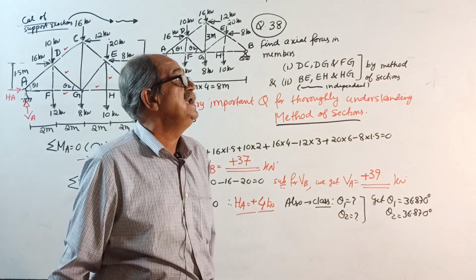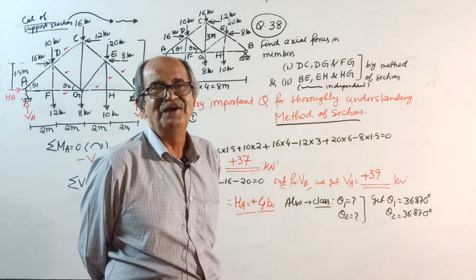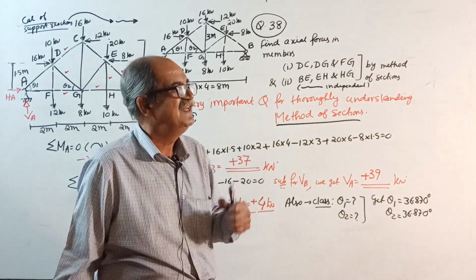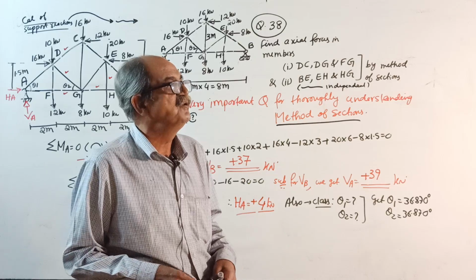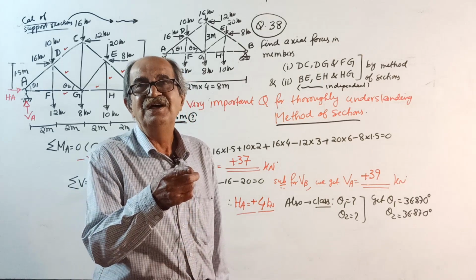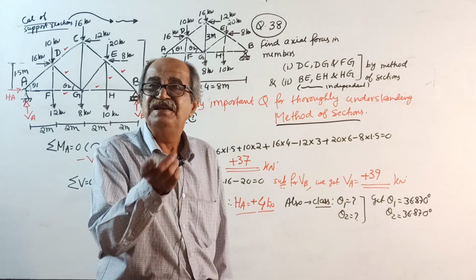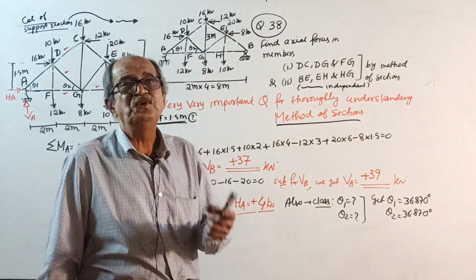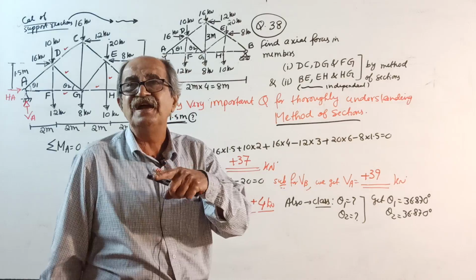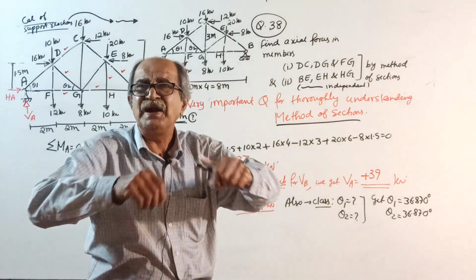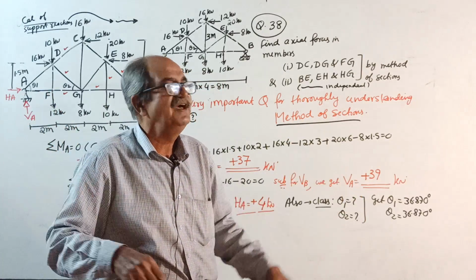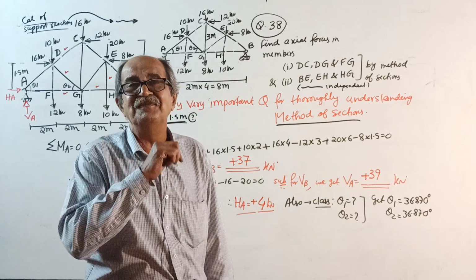All will say minus. You will ask, what is this? Then someone will say, no sir, you told you can consider any side. When you said you can consider any side, then irrespective of whichever side you consider, the answer has to come the same.